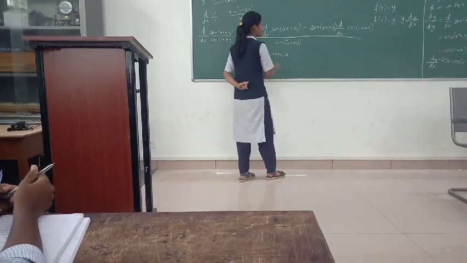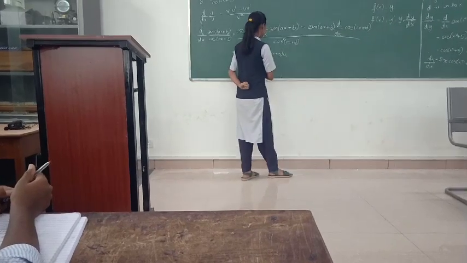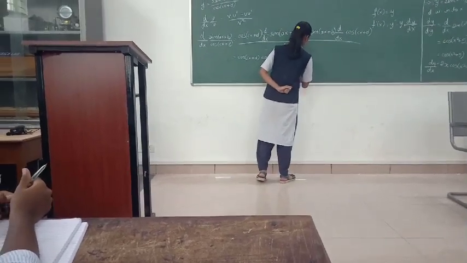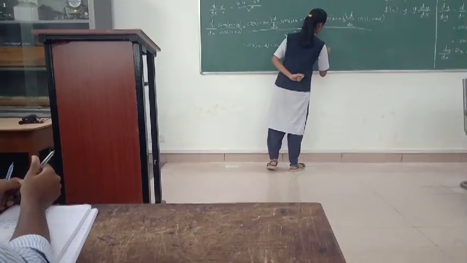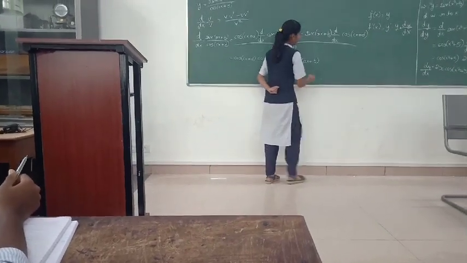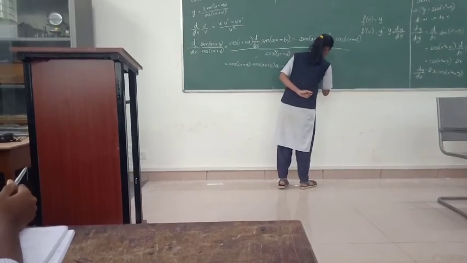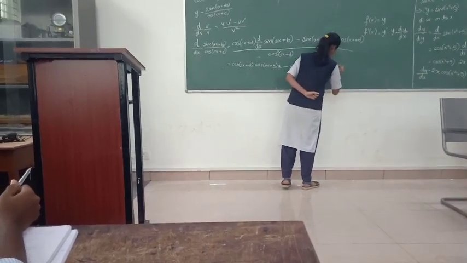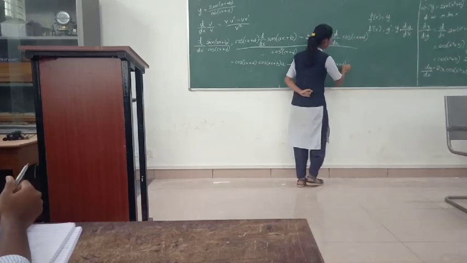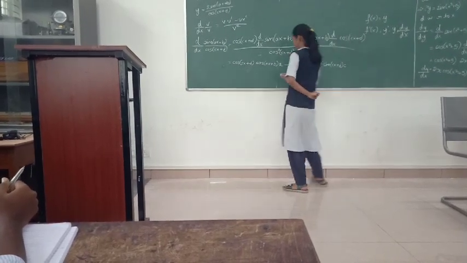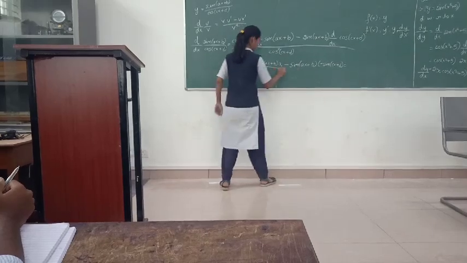Then differentiation of b is 0, then we won't need to write it. d by dx of cos x means minus sin x. Differentiation of cx is c.